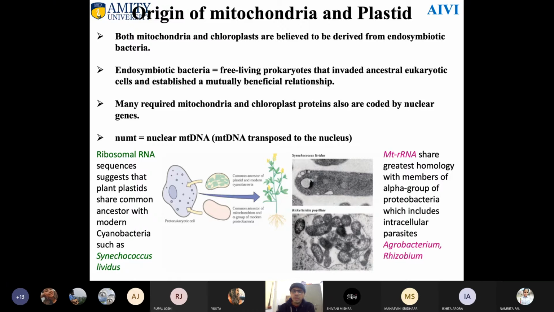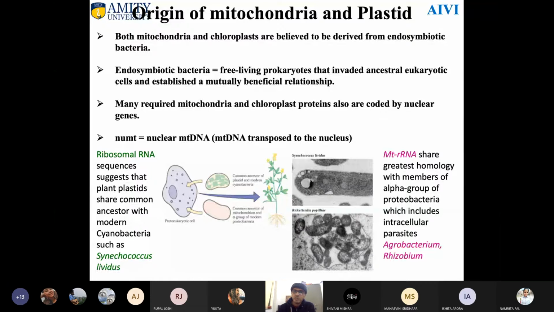They are derived from endosymbiotic bacteria. So whatever mitochondria we have, it is a bacterial DNA. A bacterial genome is there in it, so that's why mitochondrial DNA is circular. Endosymbiotic bacteria are free-living prokaryotes that invaded the ancestral eukaryotic cells and established a mutually beneficial relationship. So that's why they stay there.